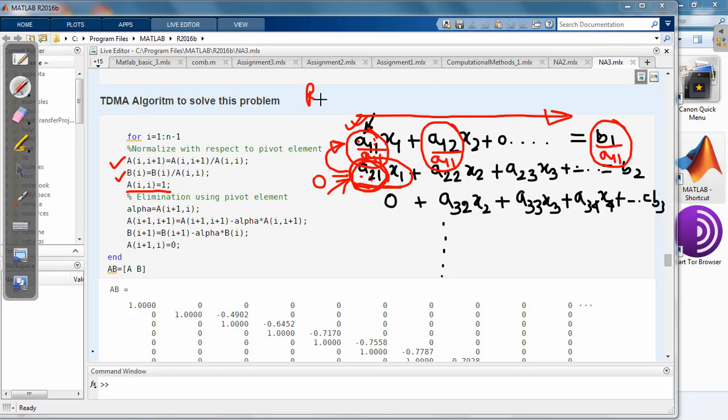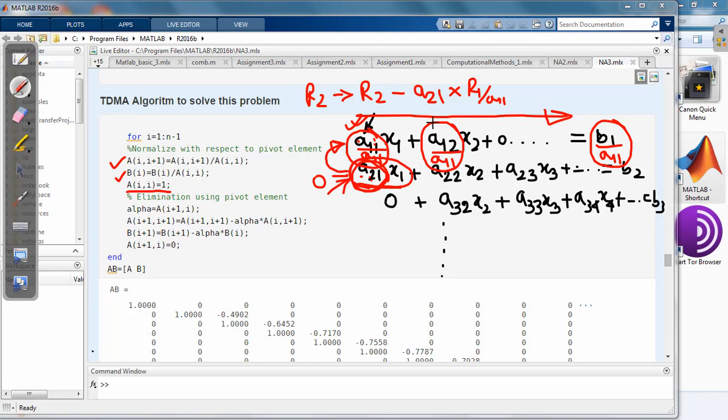So basically your operation in case of Gauss elimination, if you remember, this R2 was R2 minus this quantity a21 into, now after dividing with a11, what is the remaining row? Okay, so previous R1 divided by a11. Basically this operation was there in case of Gauss elimination.